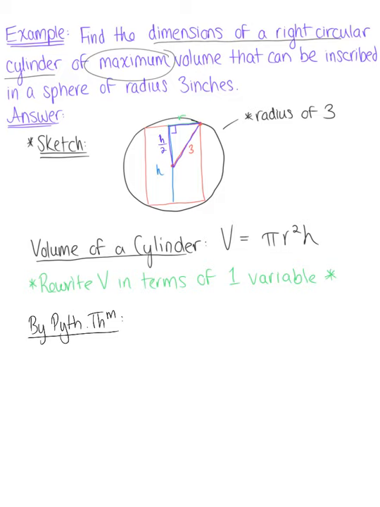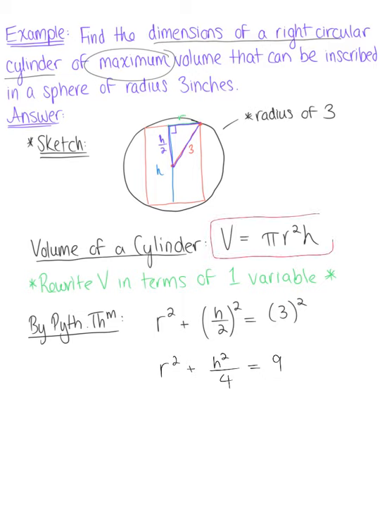So we can say that our radius squared plus the height divided by 2 squared is equal to 3 squared. And simplifying, I have r squared plus the height squared over 4 is equal to 9. And then looking back at the equation that we're trying to maximize, our objective equation, we see that it contains an r squared, which is also contained in Pythagorean's theorem.